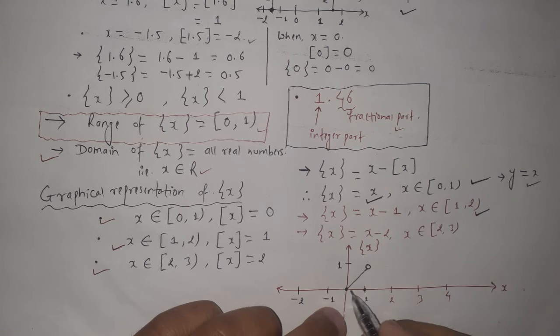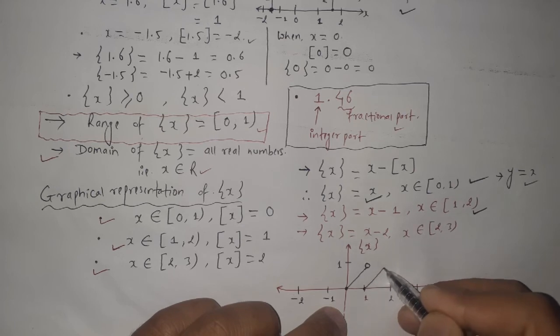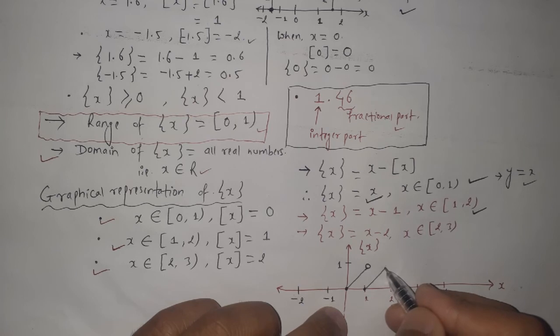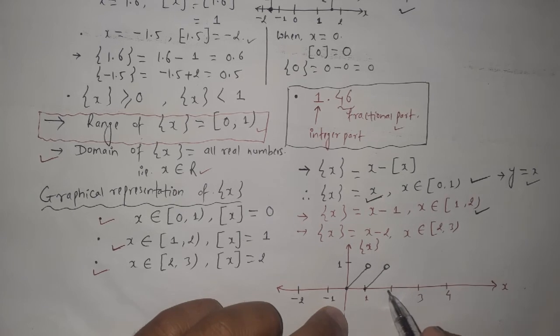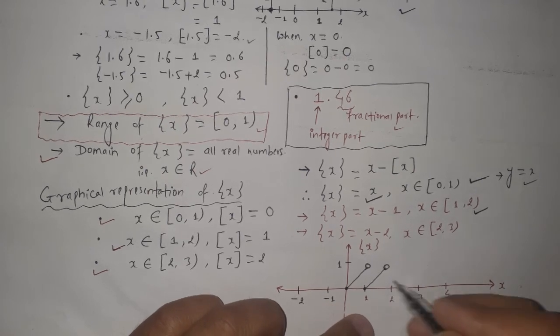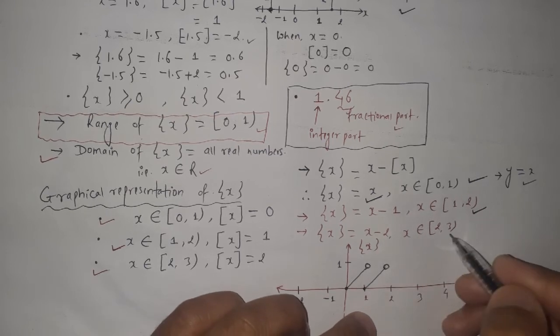This means just shifting this line by 1 unit. It is also inclined at 45 degrees with the positive x-axis. And the output 1 is not included. Here the 2 is also not included. At the value of 2, there is no output. And similarly, we can draw these lines for other inputs also.